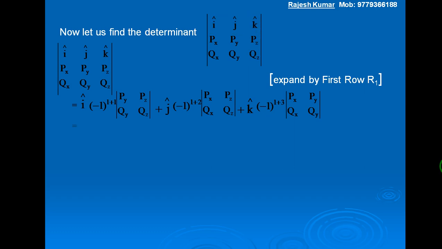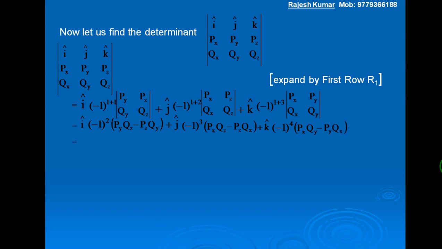Now simplifying this, we get this is equal to i cap into minus 1 to the power 1 plus 1, 2. Minus 1 to the power 2 is positive, so into minus 1 to the power 2 into Py, Qz minus Pz, Qy. Now minus 1 to the power 3, since 1 plus 2 is 3, so plus j cap into minus 1 to the power 3 into Px, Qz minus Pz, Qx, plus k cap into minus 1 to the power 1 plus 3, 4, into Px, Qy minus Py, Qx.